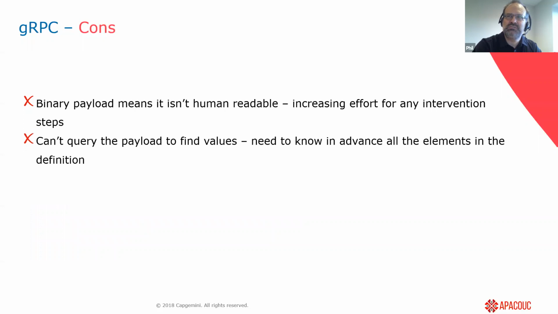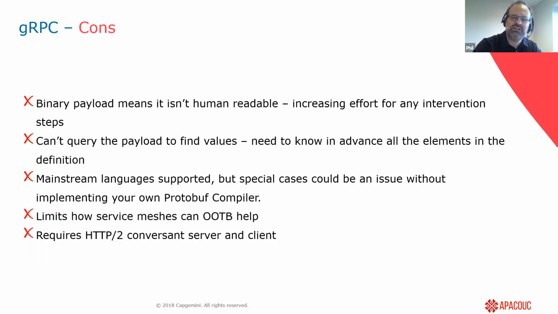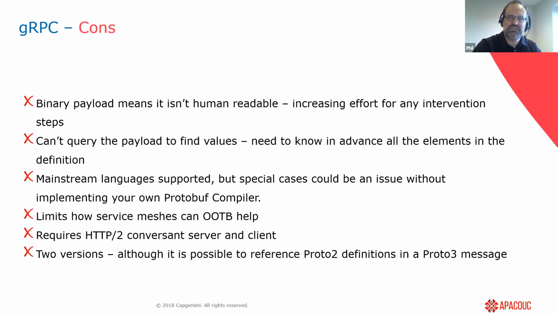Downside is it is a binary payload, so poking in and looking at the messages in flight is difficult. It takes a lot more work. You effectively have to strip it out, have a little utility which will then unpack that message for you. You can't do simple queries onto the payload, but to traverse it or add new queries with an XSLT and things like that, or transform it.